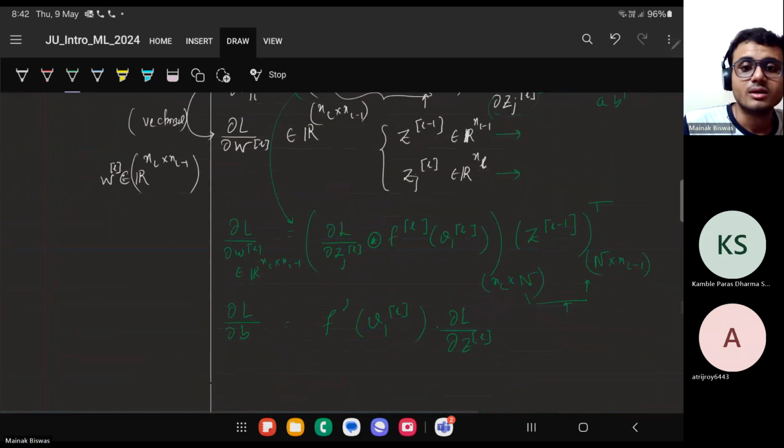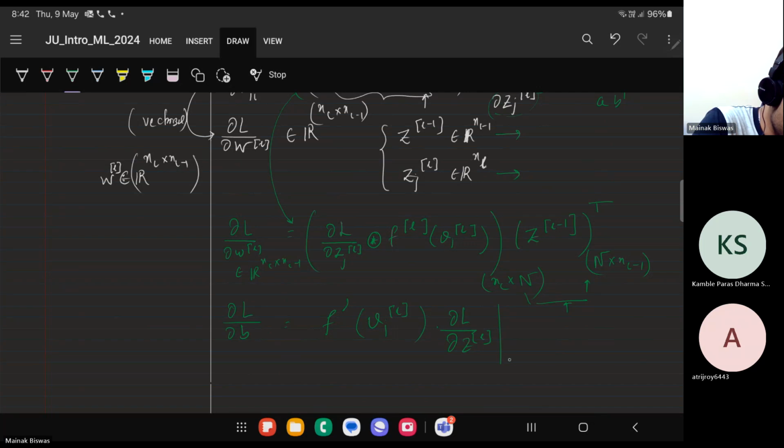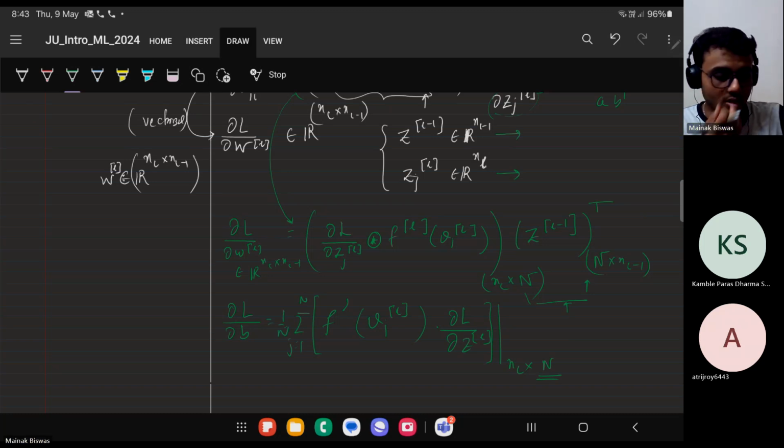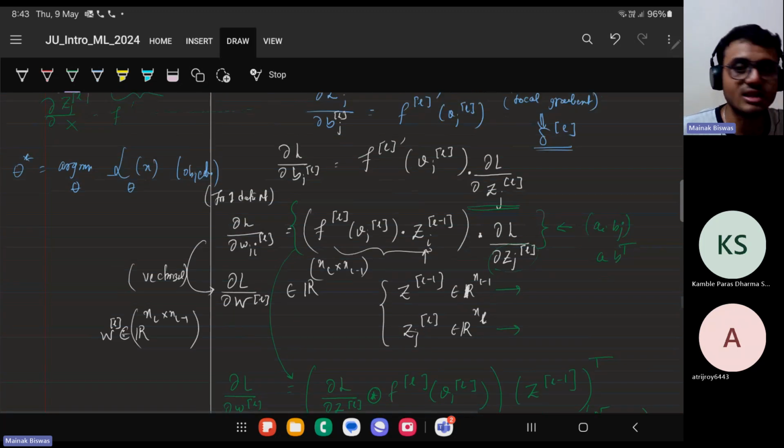No problem. Now again this is NL dimensional cross n dimensional. If it is n data points, you sum over all data points, or take the average, the expected value over all data points. So you sum over j equal to 1 to n, times 1 by n. But basically, did you find this idea clear?